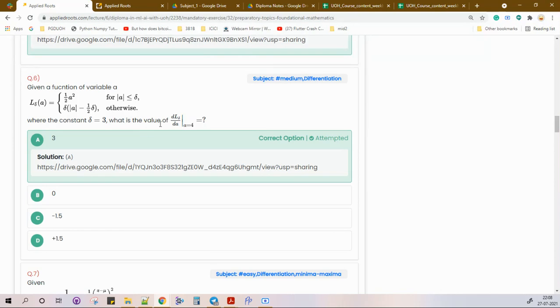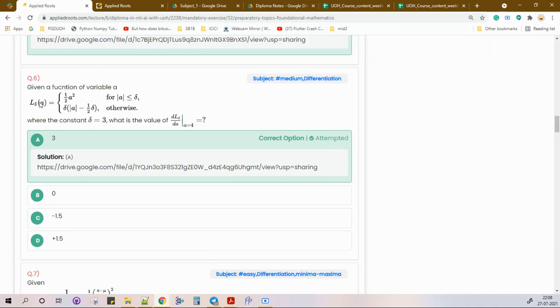So at A equal to 4, we can solve this in two ways. We can directly put delta equal to 3 and A equal to 4 and solve it, but let's not do that. The point I want to make is that mode A, which is 4, is not less than 3, so we don't need to consider the half A square anymore.